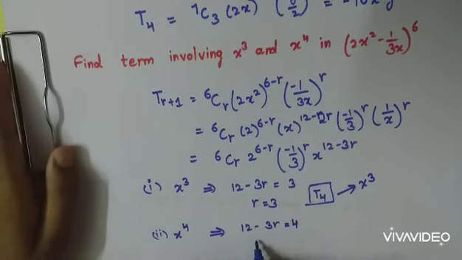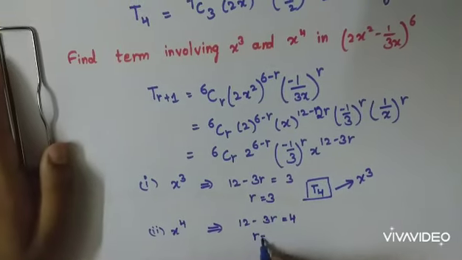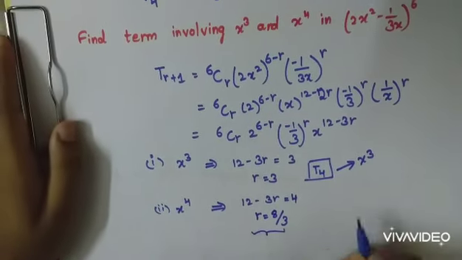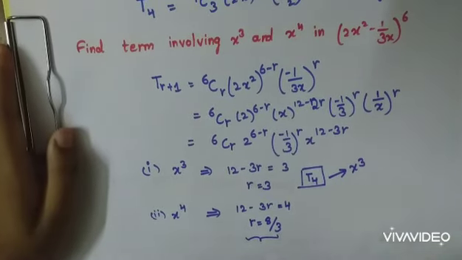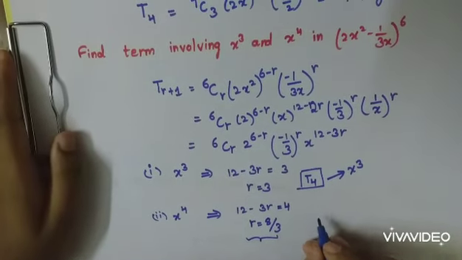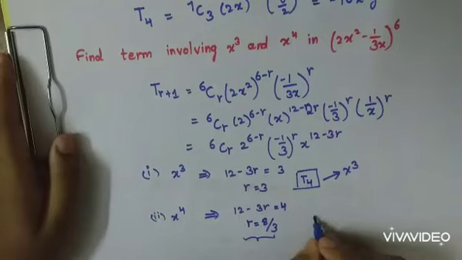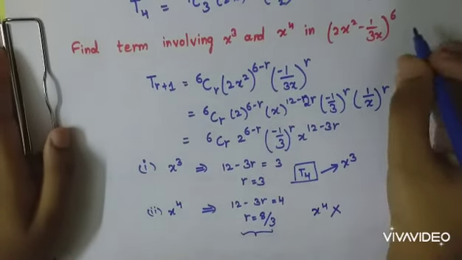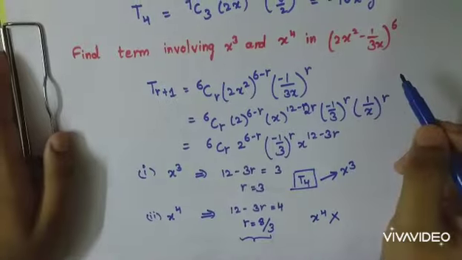If we simplify, we get r as 8/3, which is not a natural number. So we can confirm that the term involving x^4 does not exist in the expansion of (2x² − 1/(3x))^6.